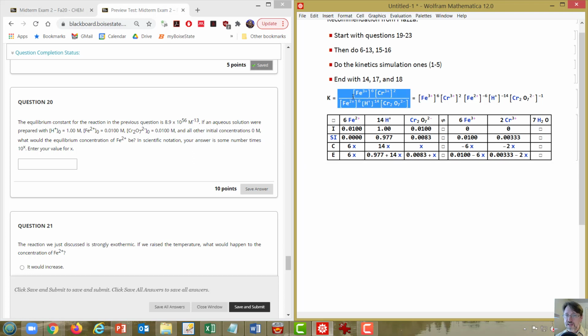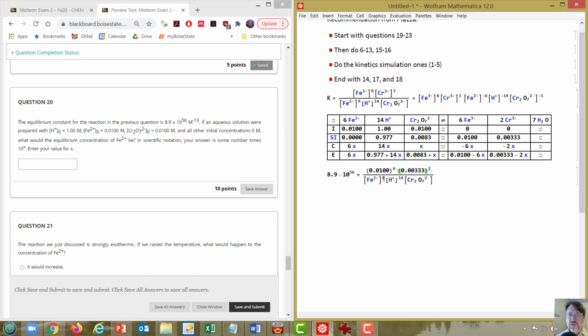What we do now is we take our equilibrium constant expression, we take our equilibrium constant itself, 8.9 times 10 to the 56th, and we plug in our values for these concentrations. So this, the Fe3 plus, is going to be 0.0100 raised to the 6th power. We have the Cr3 plus, which is going to be 0.00333 squared.